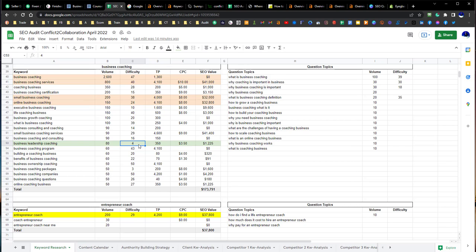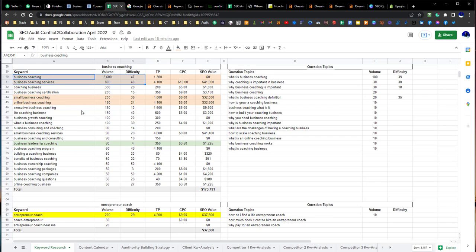It's not going to take you 12 months to come onto the first page for this keyword, whereas these words generally take about 6 to 12 months for you to build enough content targeting the word, so that Google recognizes you as a resource, an expert and an authority in the niche of business coaching.